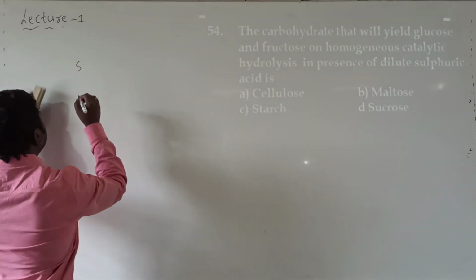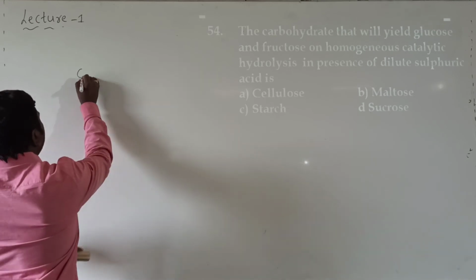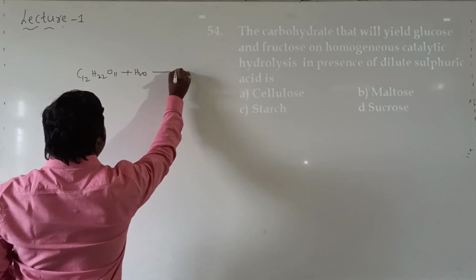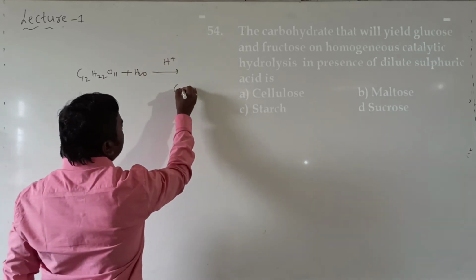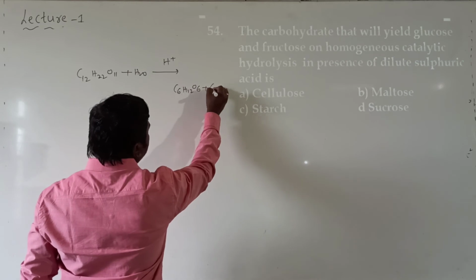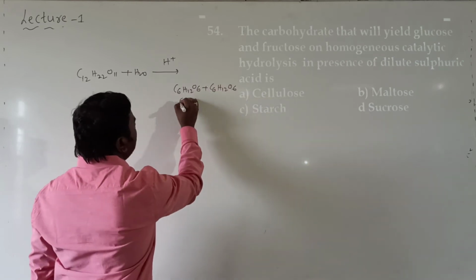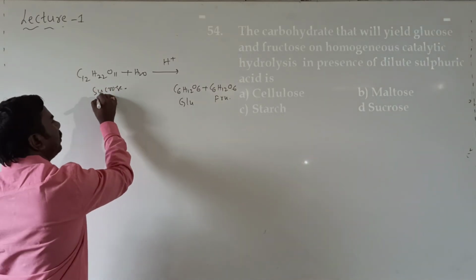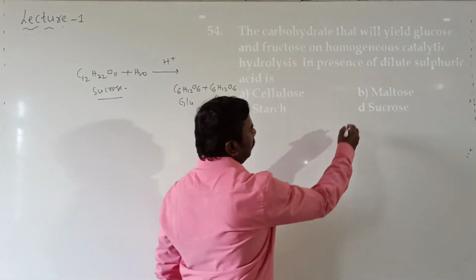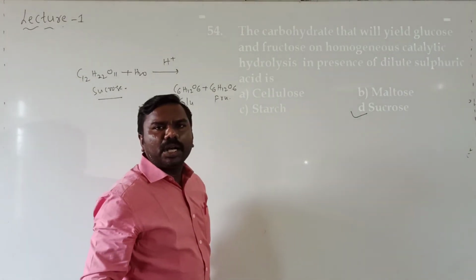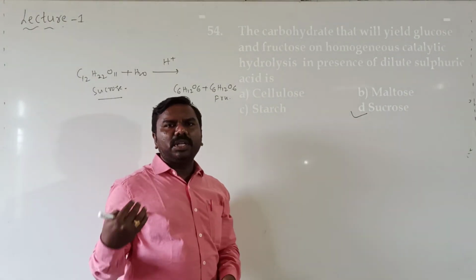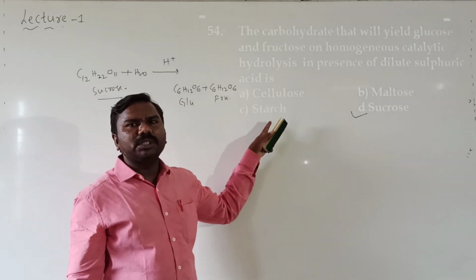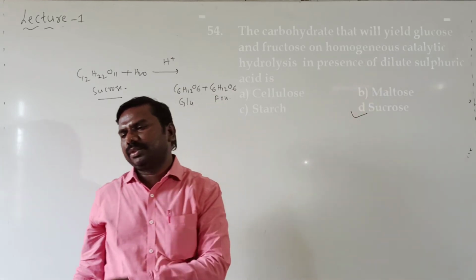Sucrose is C12H22O11. With water in presence of acid that gives C6H12O6 plus C6H12O6. It is glucose, it is fructose. Clear? So answer will be sucrose. Maltose gives only glucose. Starch gives only glucose. Cellulose gives only glucose. It is beta glucose, it is alpha glucose. Next.